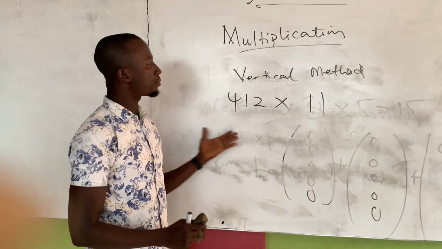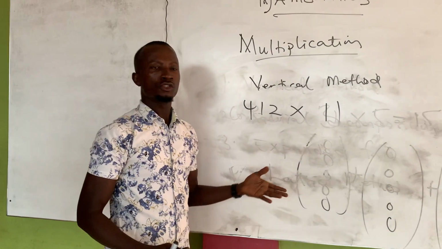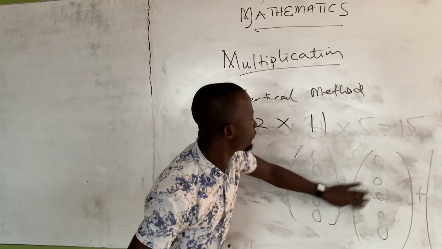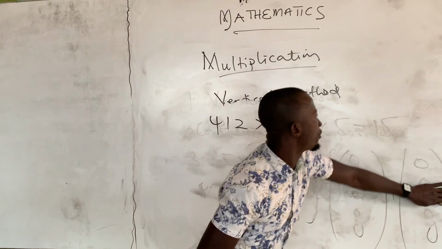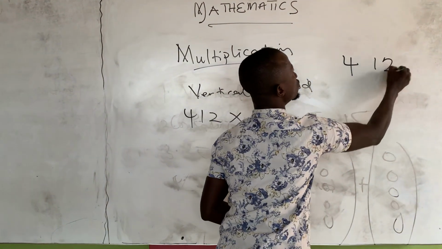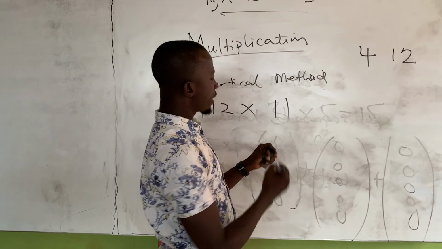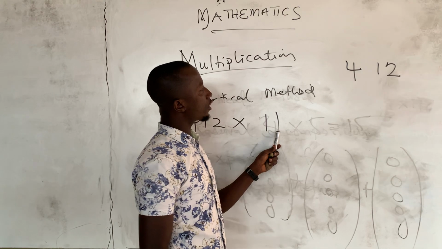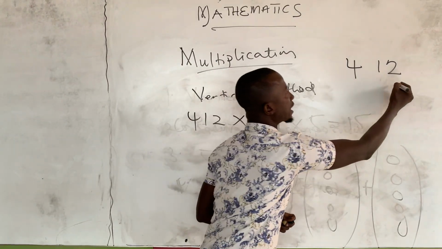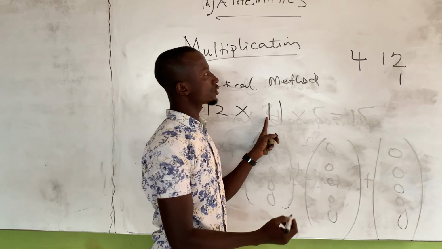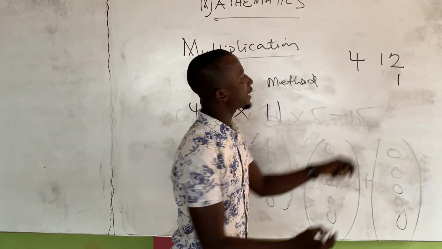It is difficult to multiply it in this form, so you arrange it in vertical form. We have 4, 1, 2. Now we are going to arrange them according to place value. What is the place value of this one? It is ones, so it is written under the ones. This one is also tens, so it must be written under the tens column.